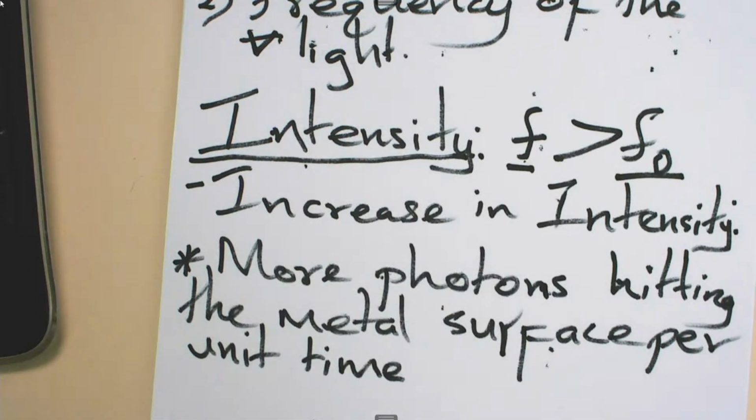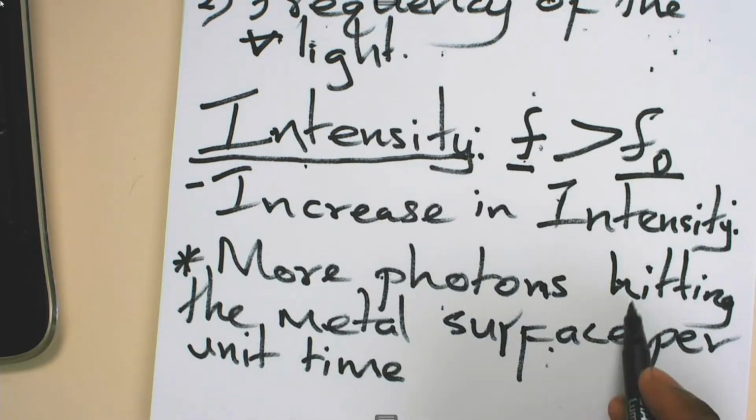So increasing the brightness, increasing the intensity, means you'll have more photons hitting the metal surface per unit time.